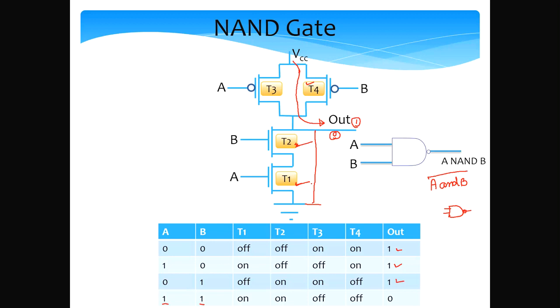We basically analyze for all pairs of inputs. In this case, there are 4 possible pairs of inputs. We just need to make a table of which transistor is on and which transistor is off. Then you'll quickly see that according to the design, the output will either get directly connected to the supply voltage, which will give it a logical 1, or get directly connected to the ground, which will assign it a logical 0.